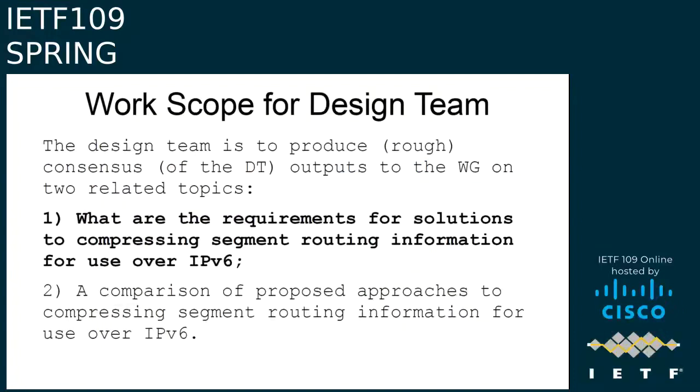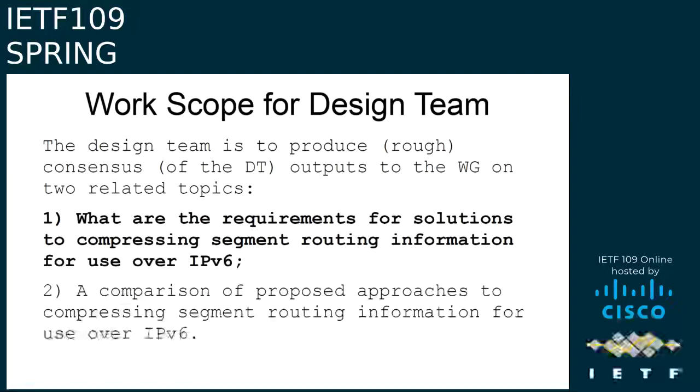As Charles just mentioned, we have a very clear scope for the design team. The design team is to produce some rough consensus output to the working group related to 2 topics.